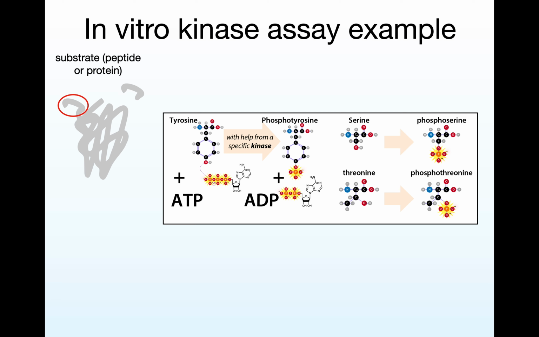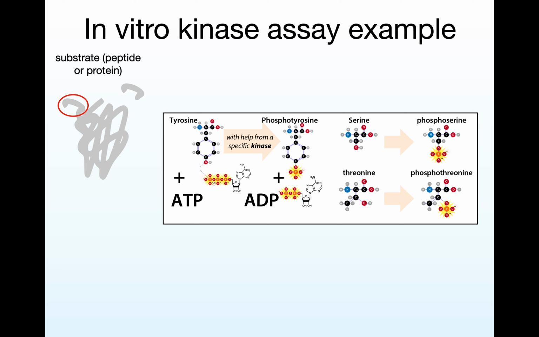Anyway, different kinases can specialize in different amino acids that they add phosphates to, but there's only a set number that they can be. Tyrosine, serine, and threonine are the main ones, though it could probably be histidine in some cases, especially in bacteria. What these three have in common is a hydroxyl group, the OH group, that's going to get phosphorylated.